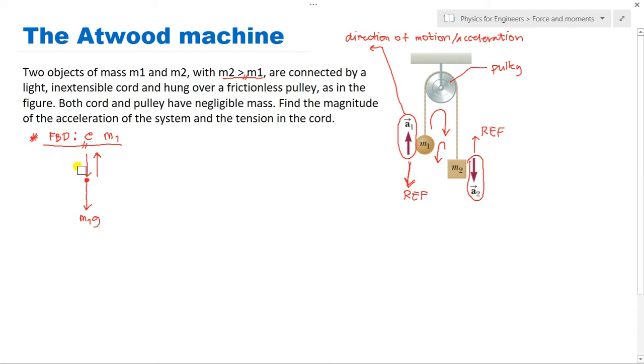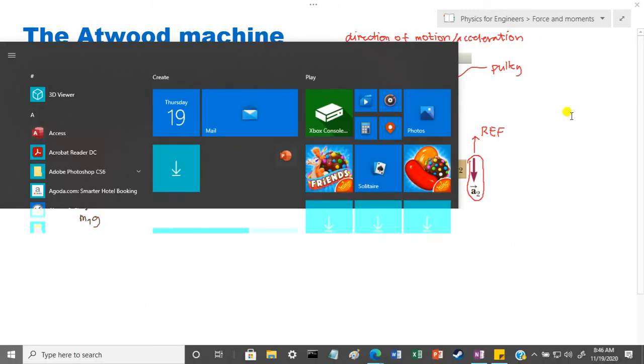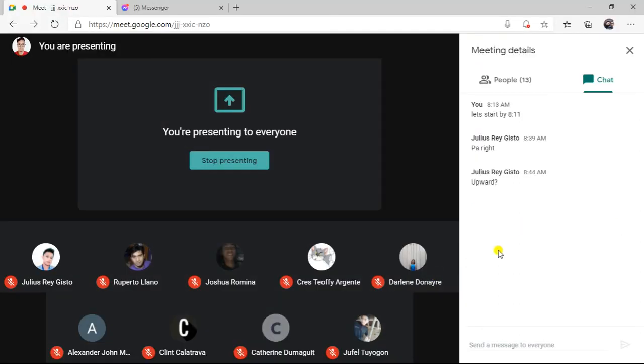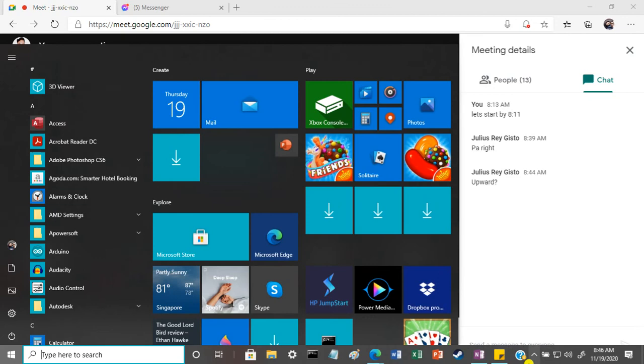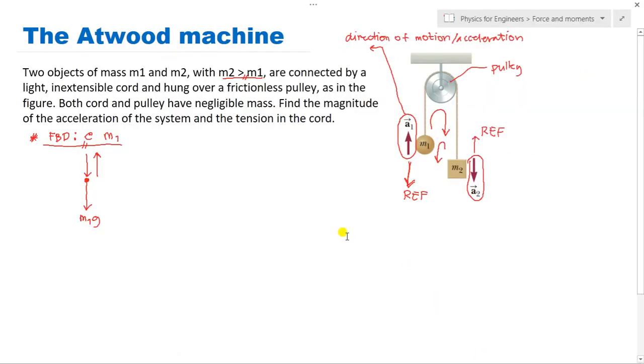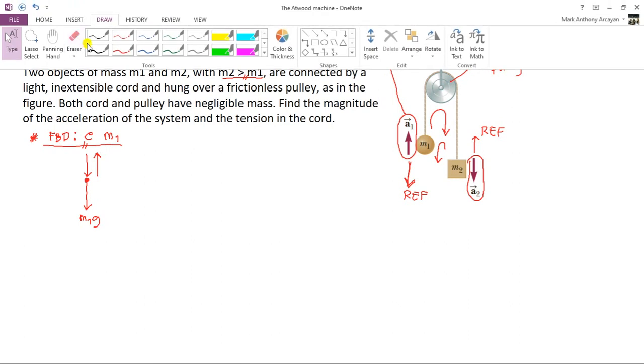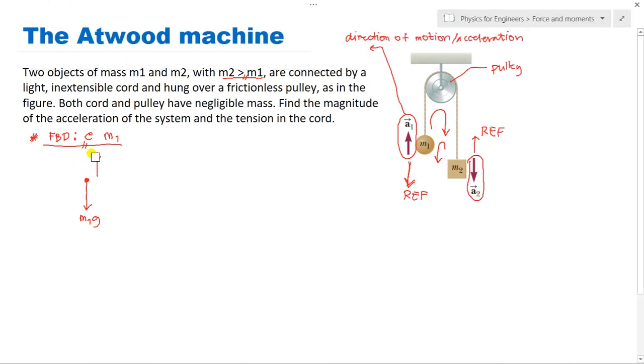Okay, upward. Since tensile man ta, you pull the object. So kung atong gi-pull ang mass 1, unsay direction? Upward. So we have here an upward direction, and since it is tensile force, we label this as capital letter T. Tension sa atong rope.